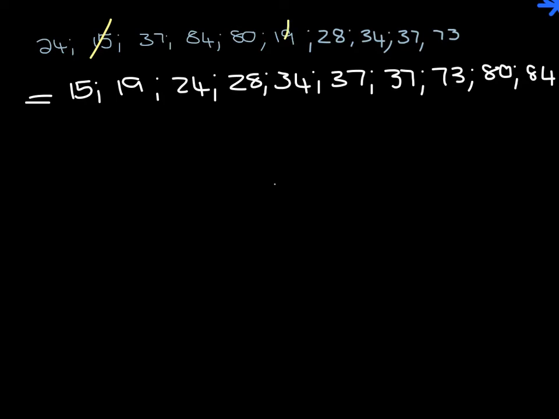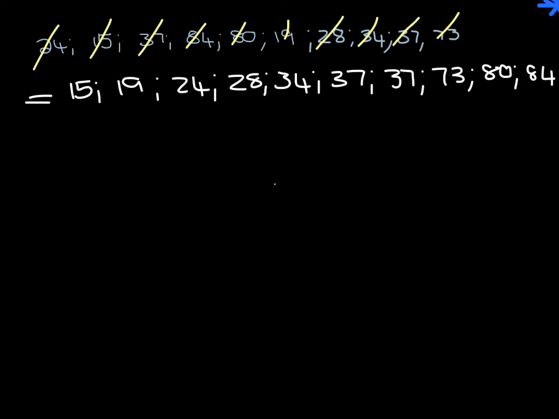Then 24, it's done. Then 28, it's done. Then 34, done. 37, done. But there's another one, 37, and there is 2 in my new line. Then 73, then 80, and then 84. Then you can rest assured you've got all your numbers.